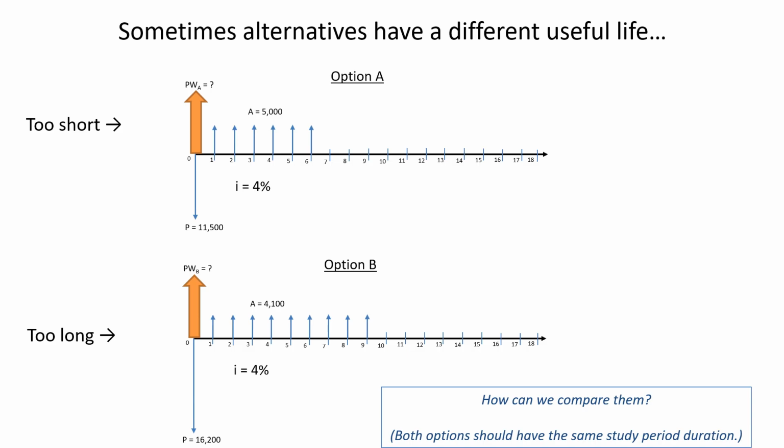So LCM did multiple cycles. Another option is that we could make the one that's too long shorter, so option B is too long, we can make it shorter. Or option A is too short and we can make it longer.